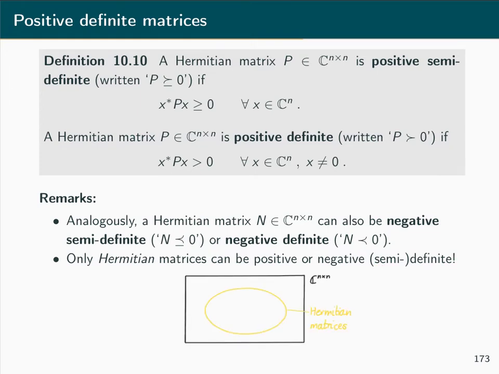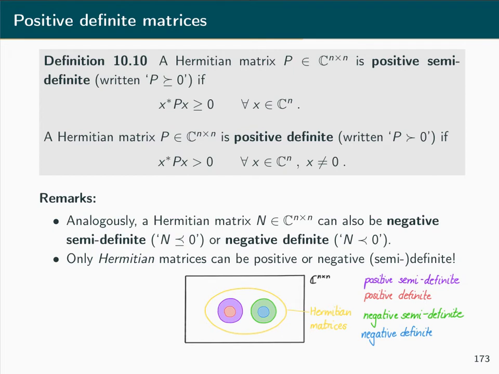In fact, if the black set represents the set of all n by n matrices, then the set of Hermitian matrices, shown in yellow, are a subset, and then the set of positive semi-definite matrices is again a subset of the set of Hermitian matrices, which contains the set of positive definite matrices.